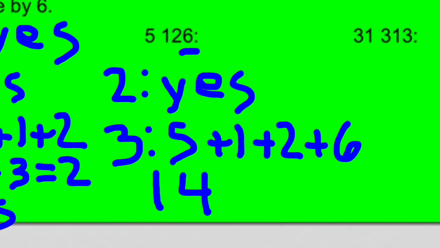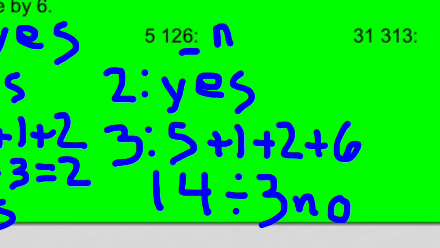And we check if that digit sum is divisible by 3. Well, 3 times 4 is 12, and 3 times 5 is 15. So 3 will not divide evenly into 14. That's a no. And since 5,126 is not divisible by both 2 and 3, it is not divisible by 6.